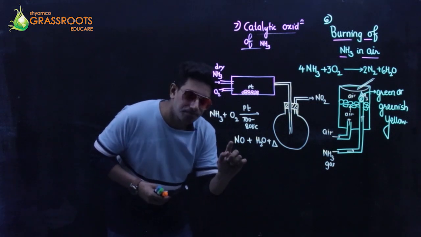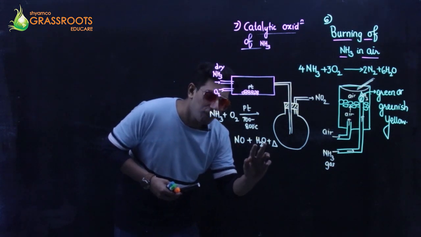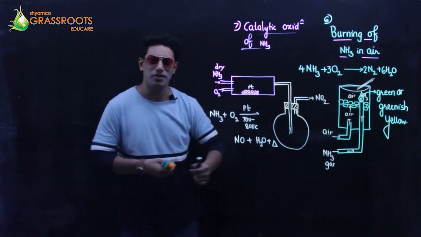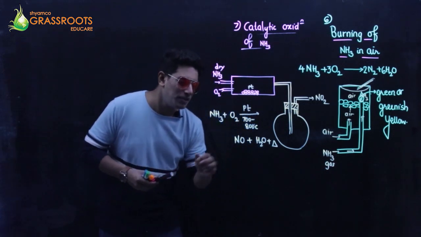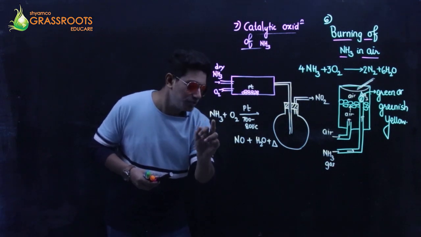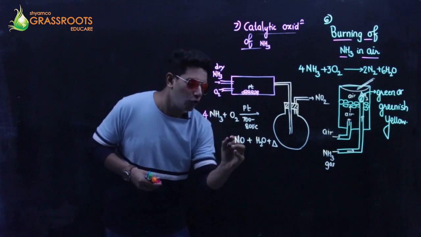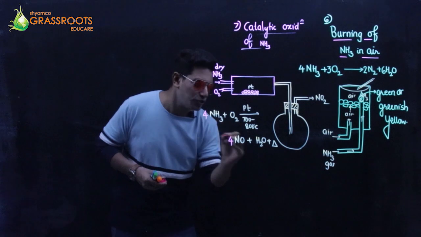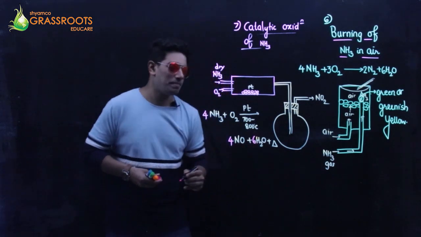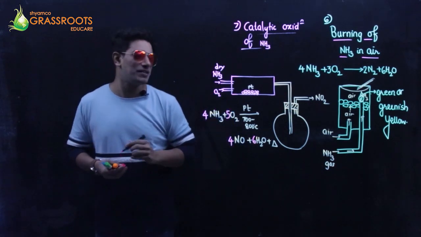So 2 and 3, 5. 5 is not an appropriate number. Alright, double it. 4 here, 4 here. Nitrogen balanced. 12 hydrogen, 6 out here. Oxygen becomes 10, a 5 out here. That's what you call balanced.